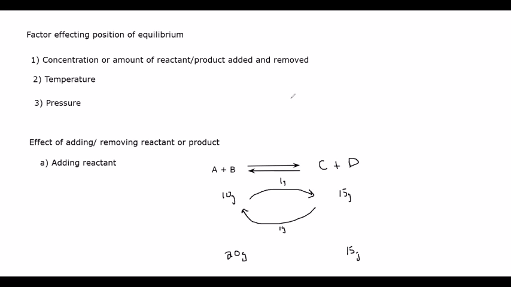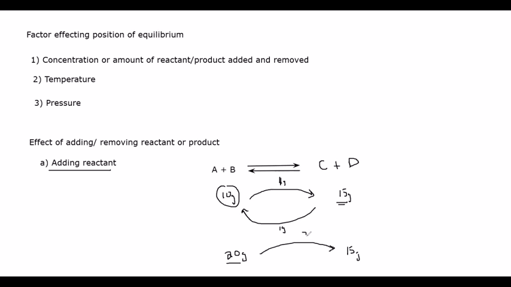Why does the rate of the forward reaction increase? You can see here, out of 10 grams of a reactant, 1 gram decomposes and forms a product. At the same time, 15 grams of a product is there, and out of this 15, 1 gram is forming back the reactant. So this is equilibrium. But what happened? We add a reactant, I made it 20 grams. If 10 grams was forming 1 gram of a product, 20 grams will form how much?